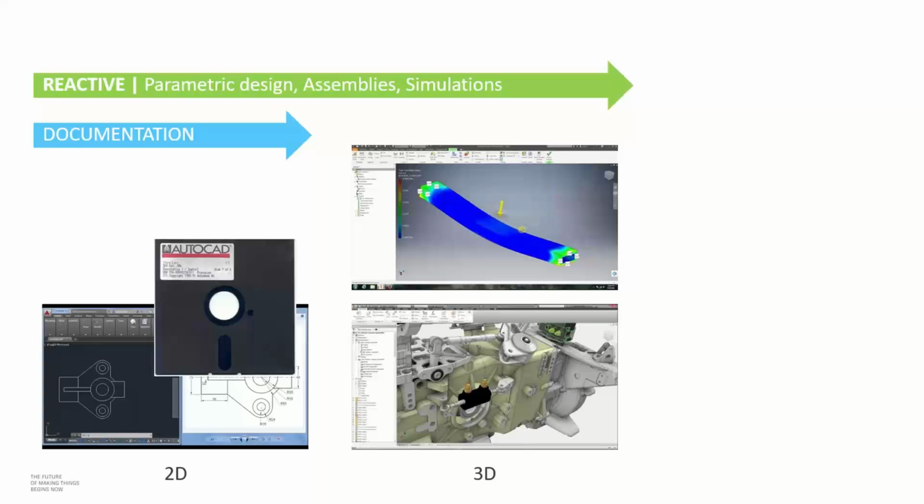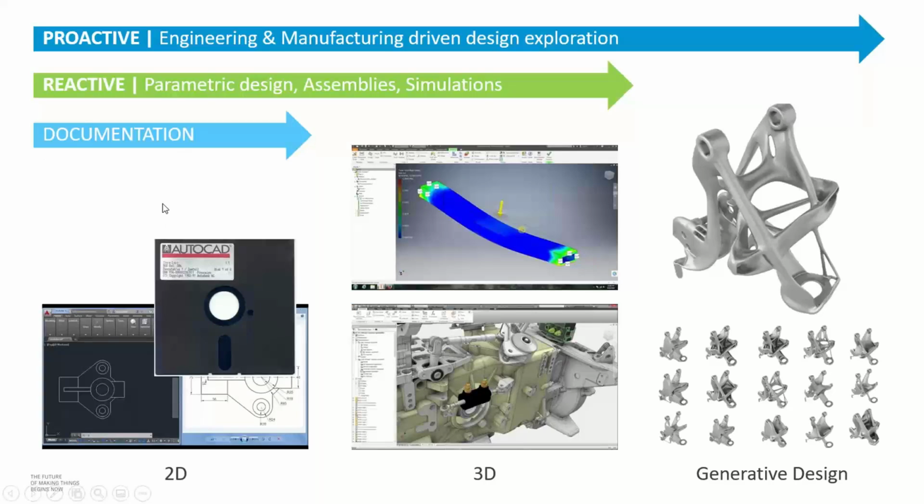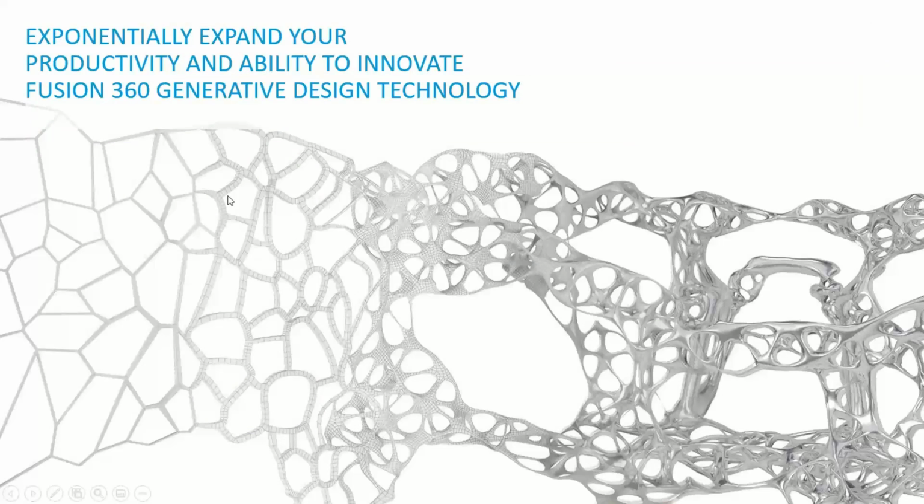We were able to put them together, get a better feel for how things went together, and run some FEA analysis on that. That was a little more reactive. Now we're going to get to a proactive phase if we can leverage generative design, where we're going to be able to explore multiple different outcomes in our design process and hopefully turn out the best possible product that we can.